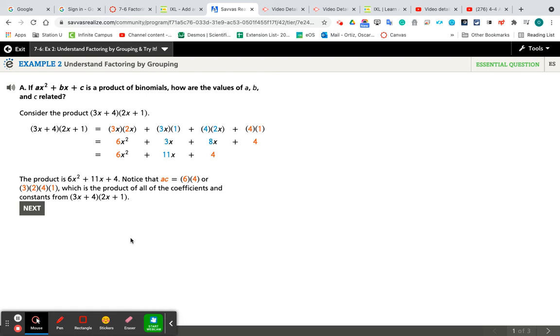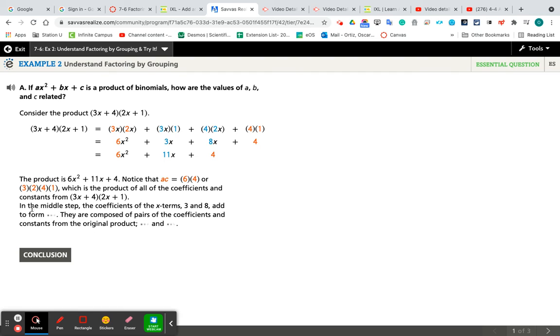So in the end, we know that it is the product of all the coefficients and constants in this multiplication. So that is 6 times 4, the multiplication of those coefficients 3, 4, 2, and 1 right here.